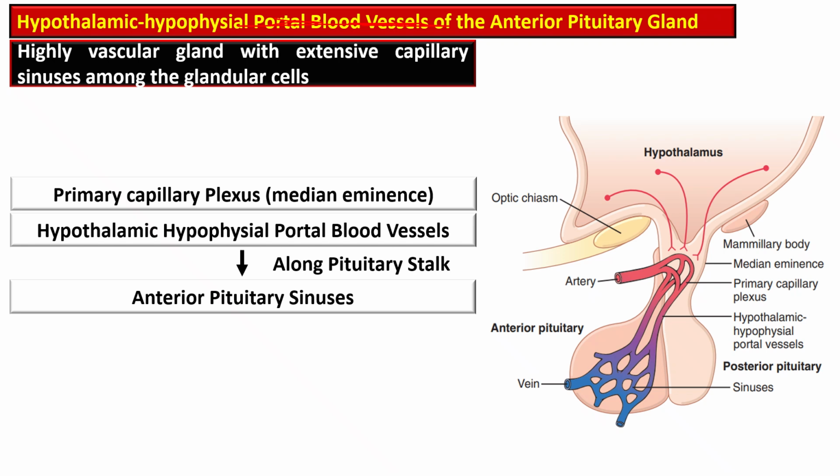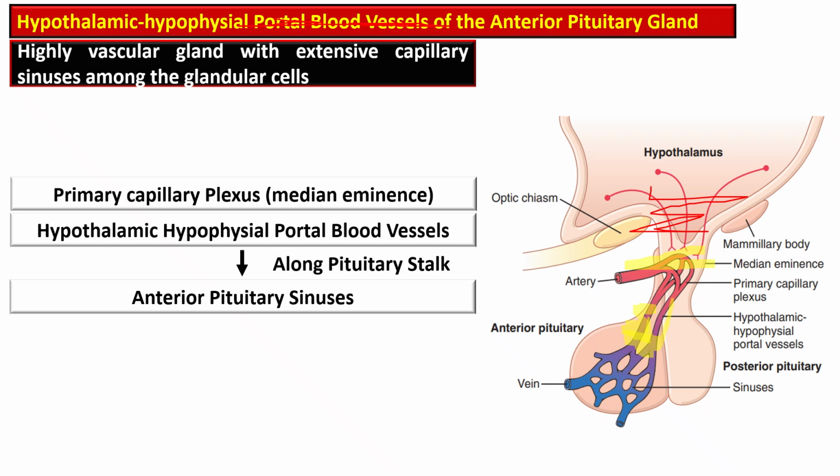Instead, it first passes through a capillary bed in the hypothalamus, and from there blood enters the hypothalamic hypophyseal portal vessels, which deliver it to the secondary capillary network in the anterior pituitary. So this is the secondary capillary network.